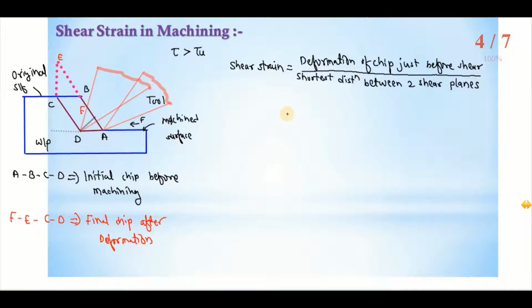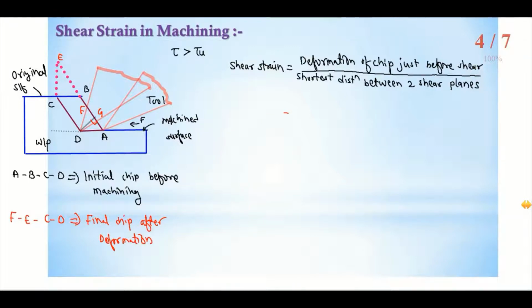So now in this diagram, if we draw a normal from the point D on this surface, that is the shear plane normal, and we name that point Z. Then the deformation in the chip just before machining, that shear strain, we are getting with respect to the shortest distance between two shear planes.